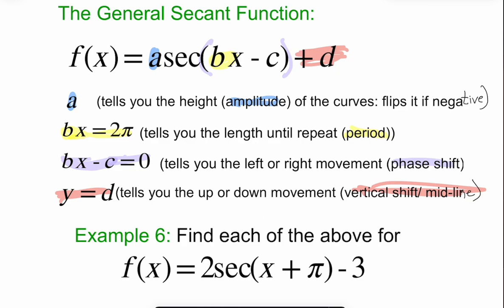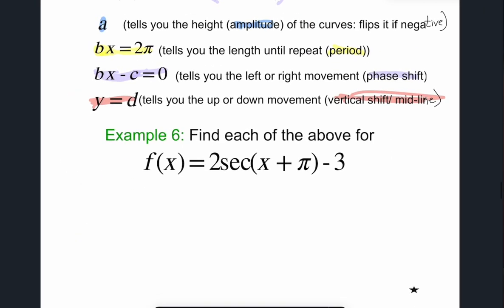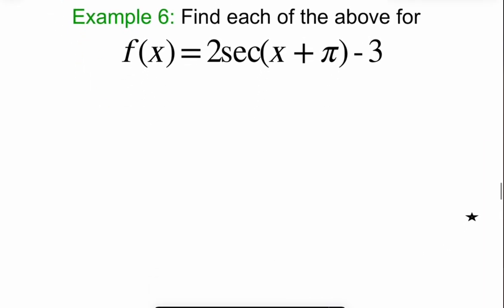The A in front tells you how high it is until we get one of these bumps. The BX still tells you how far it is until they wave. The BX minus C still tells you if it's moved left or right. The D value still tells you if we've moved up or down. So you'll notice that the pattern is the same. And that's why I wanted to skip to this page. So let's just practice one more time for example 6, finding each one of these things.